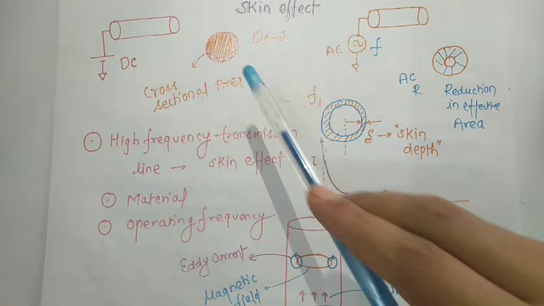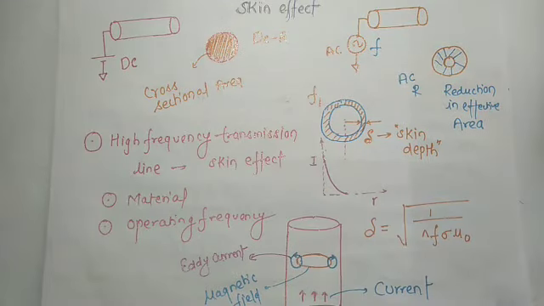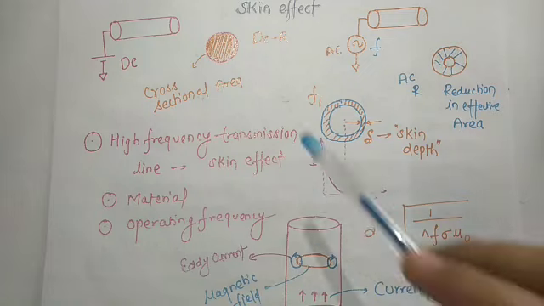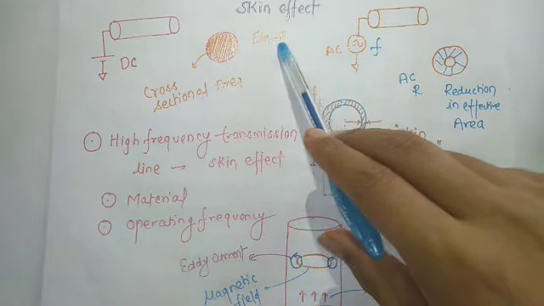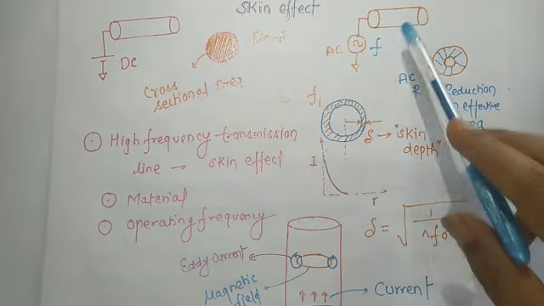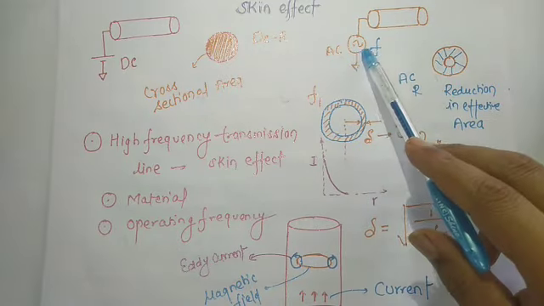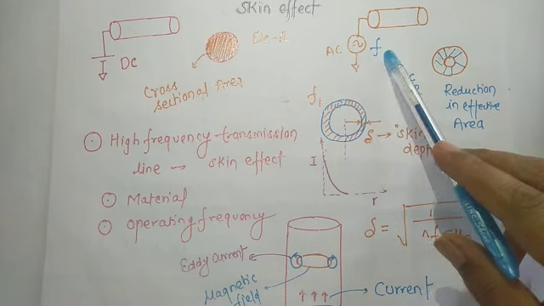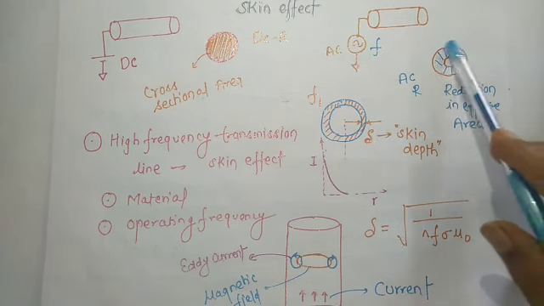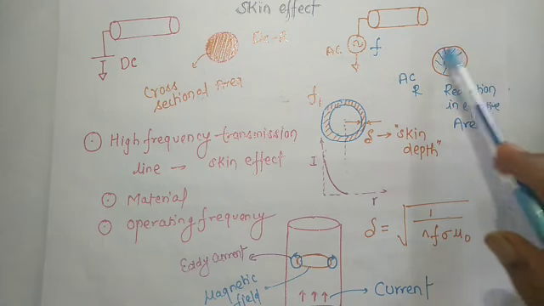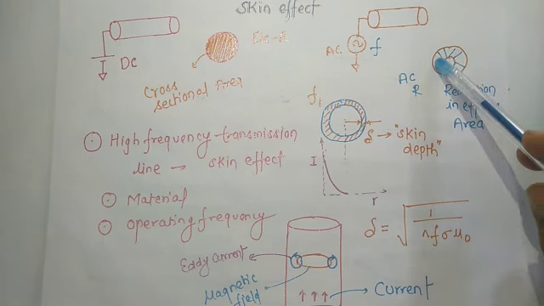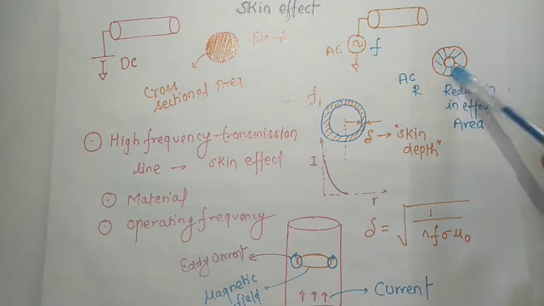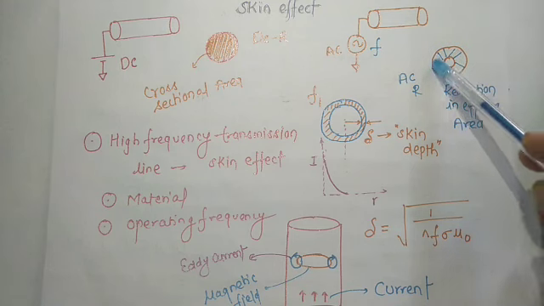There is a property of the conductor which opposes the flow of current, known as resistance, and since we applied DC, there will be DC resistance. In the second figure I have applied AC, which has some frequency. Look at the cross sectional area of this conductor: the current does not flow through all the region, only through some region.